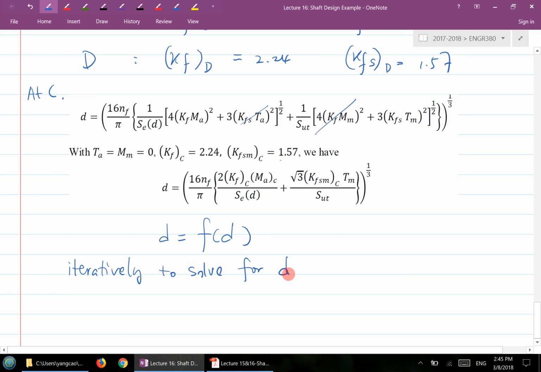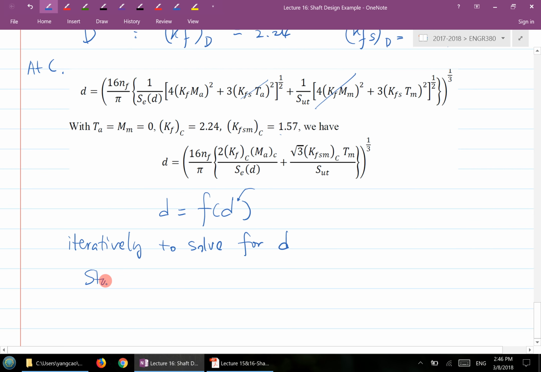The idea is to start with a value of D and substitute here. Actually, you can start with any D value. Mathematically, it won't make any difference; it will converge to a certain constant. Let's say this is your D naught.